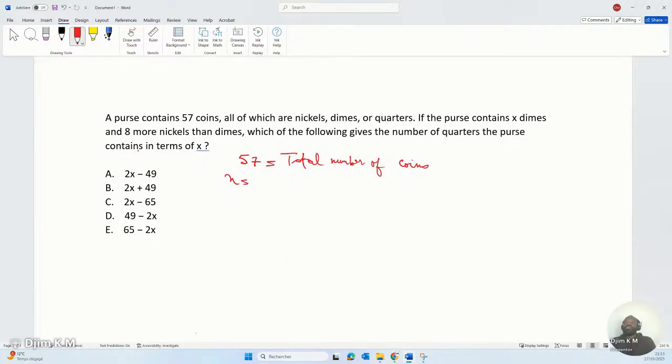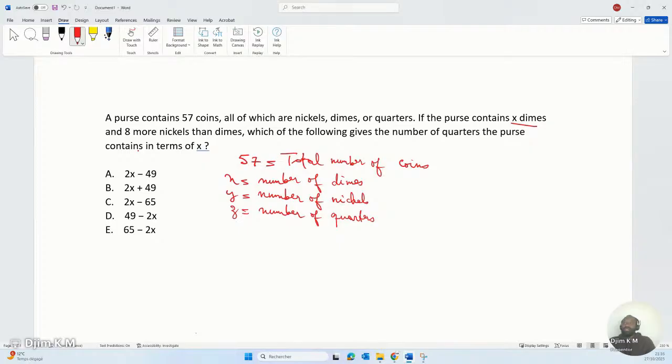And X is equal to the number of dimes. Y, we will say that Y is equal to the number of nickels. And Z is equal to the number of quarters.